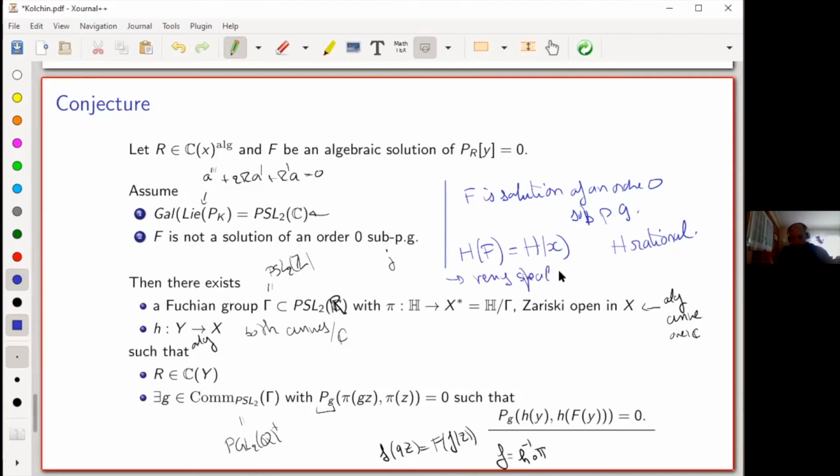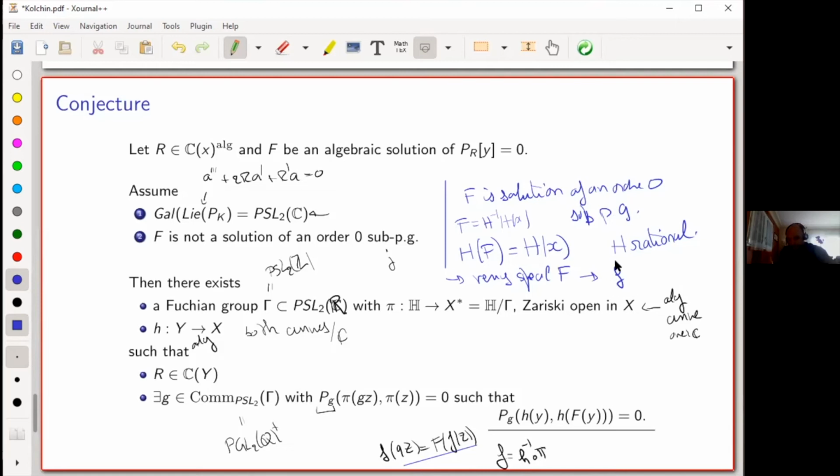Special F. And this will imply that the solution of your differential equation, so you write this F, roughly F is H minus 1 of H of X, but now you cannot cancel these two because this is not uniform. And then you solve your linear equation that I wrote, your Q difference equation that is here.